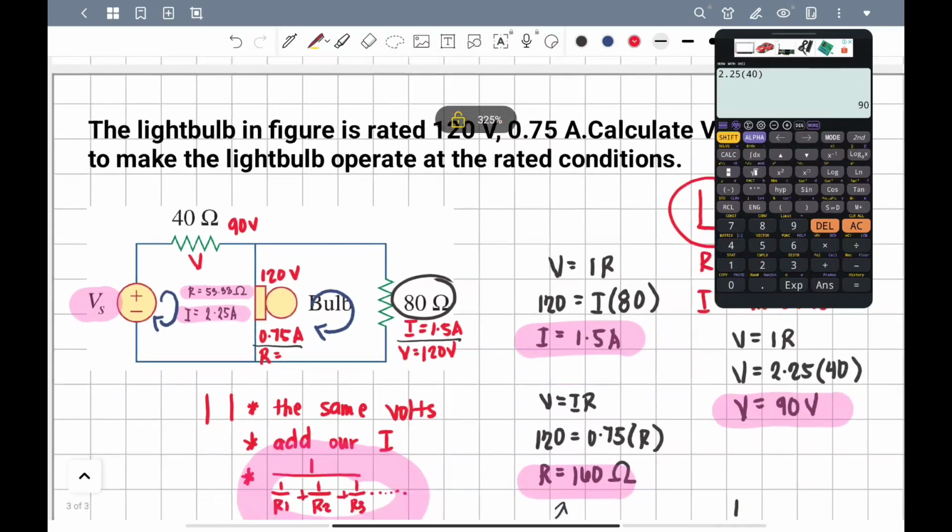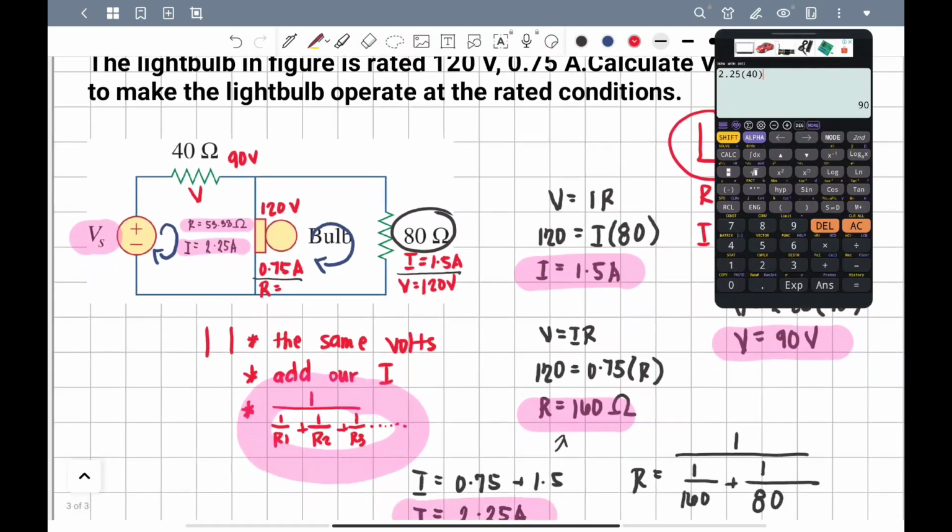Okay, considering the loop, the total must be equal to 0. The summation of all volts is equal to 0, or the summation of all power is equal to 0.